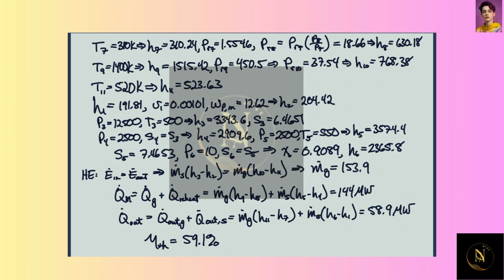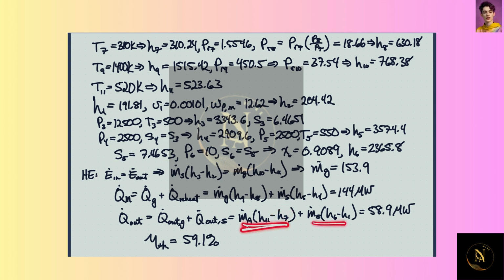Now we get the heat out. This is the heat out from the gas and the heat out from the steam. So the heat out of the gas is what we lost from the gas as it exited the heat exchanger and got back down to atmospheric conditions.